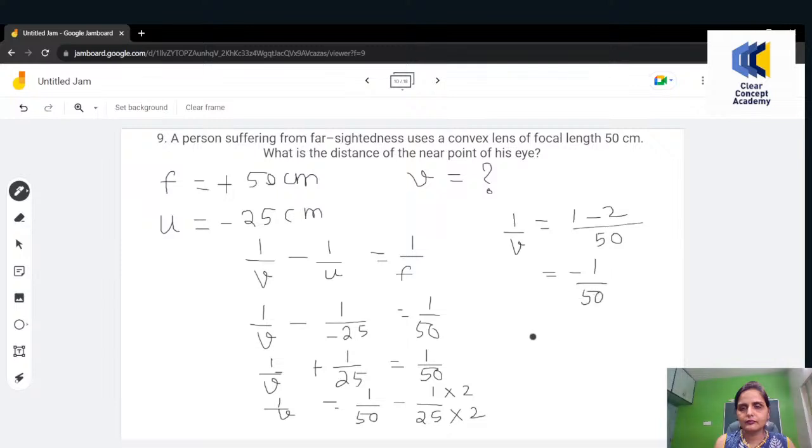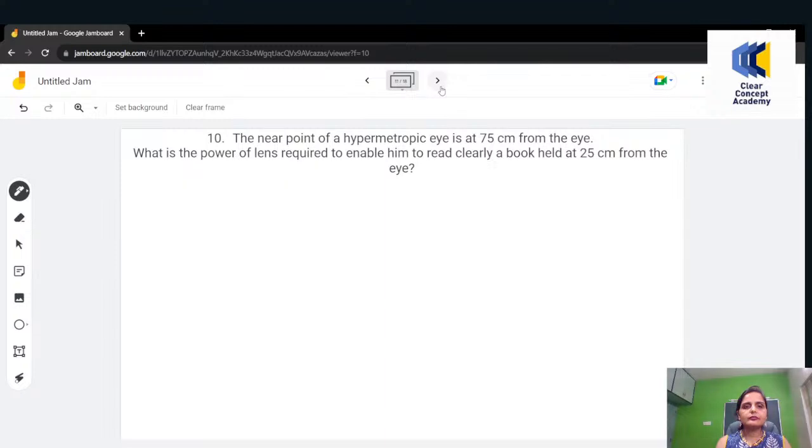To get the value of V, we take the reciprocal on both sides. So V is minus 50 centimeter. So what is the distance of the near point? The distance of the near point is 50 centimeter in front of the eye. Since the distance is to the left of the eye or the lens, it is negative. Okay. Let's move on to the next question.